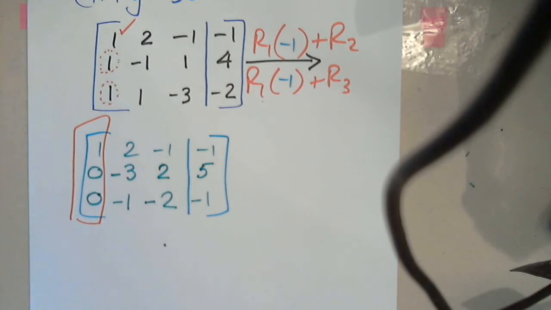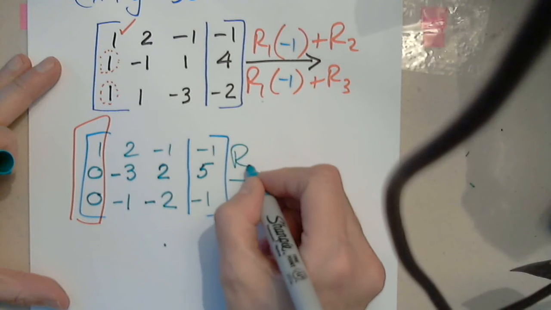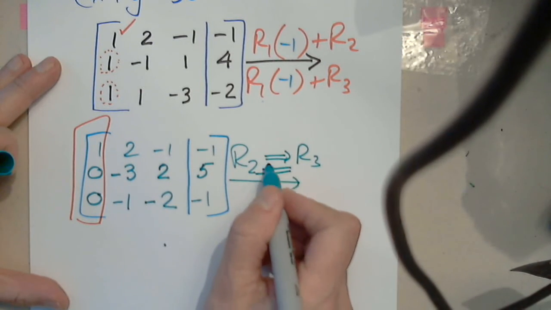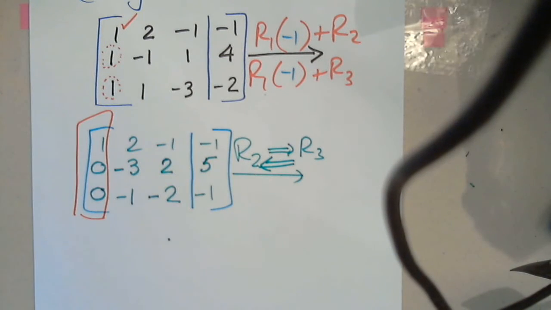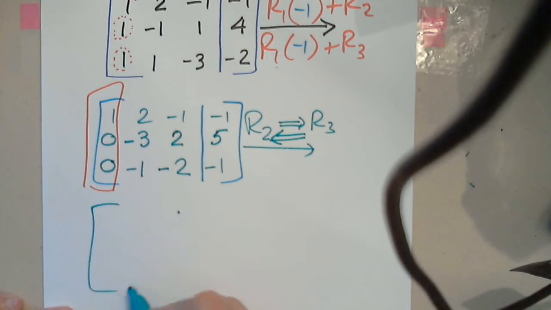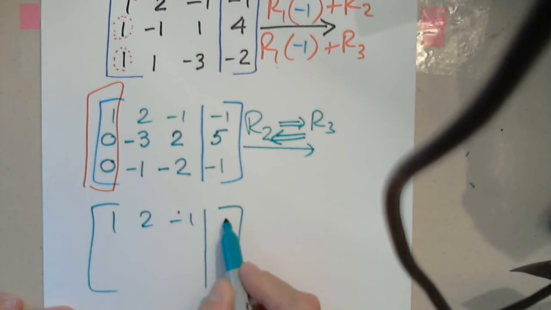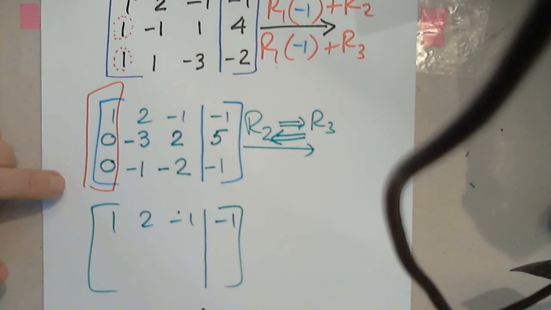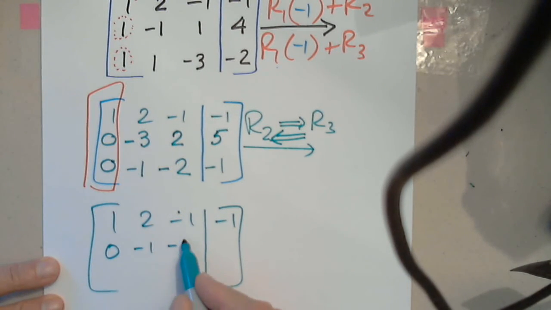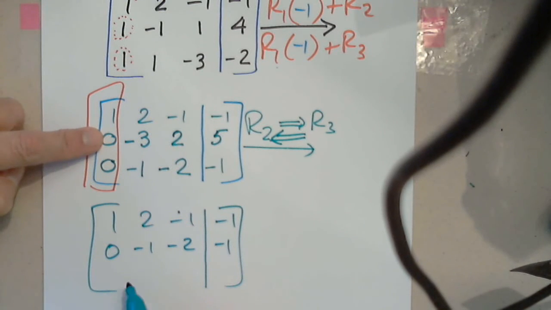Is there any other way that I could get a 1 in there without having to divide this row? Swap. So I will swap. I will write that row 2 now becomes row 3 and row 3 becomes row 2. I write it on the side so I know what I did. So I copy the first row, which cannot change. I copy now this third row, and then I copy the second row.